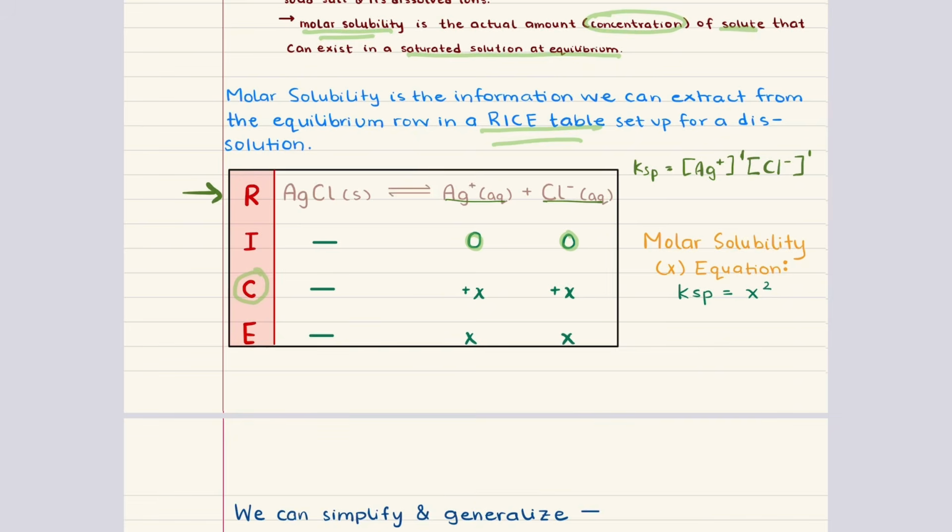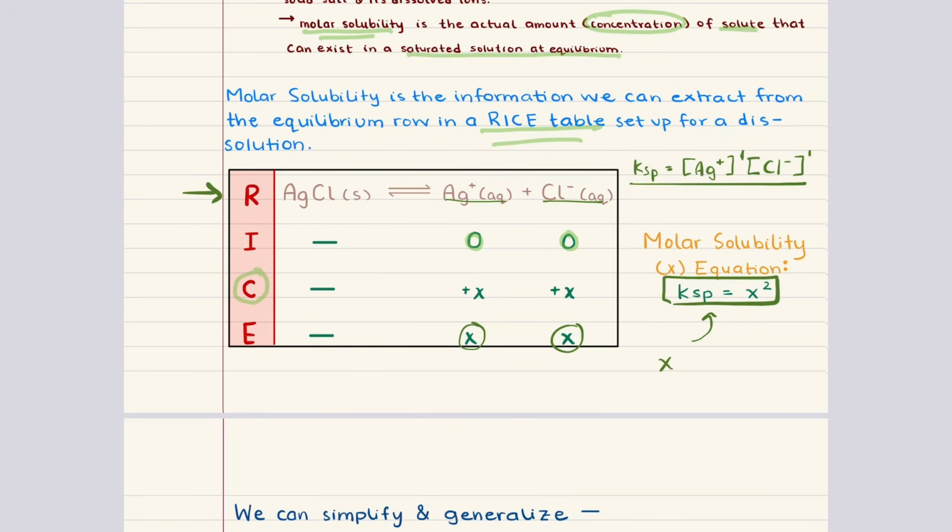If we let X represent the molar solubility of silver chloride, then at equilibrium, the concentration of silver cations is X, and the concentration of chloride ions is also X. And the equilibrium expression becomes KSP is equal to X times X, which is equal to X squared. From this relationship, we can solve for the molar solubility directly from the KSP value. And this approach generalizes to more complex salts as well.